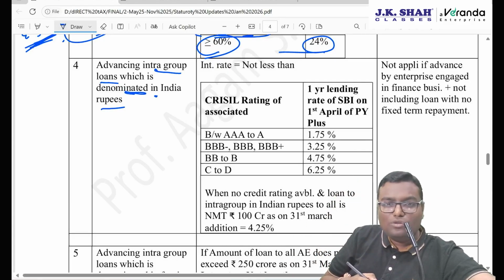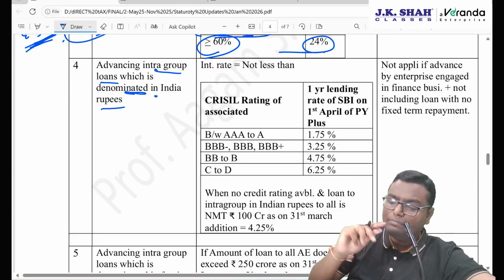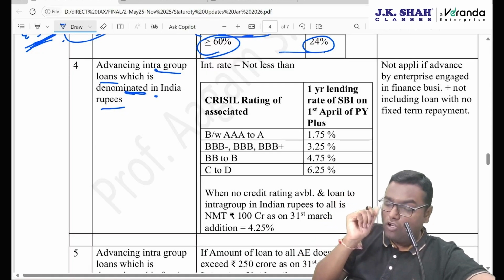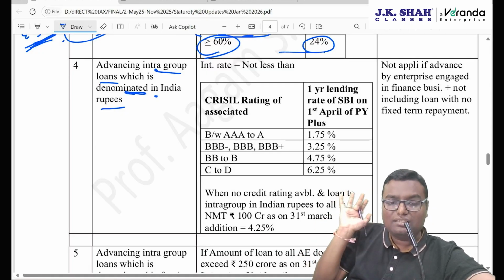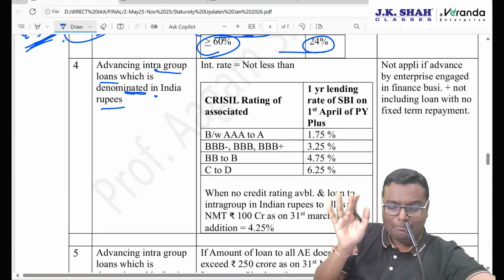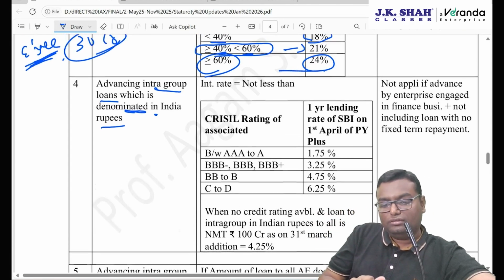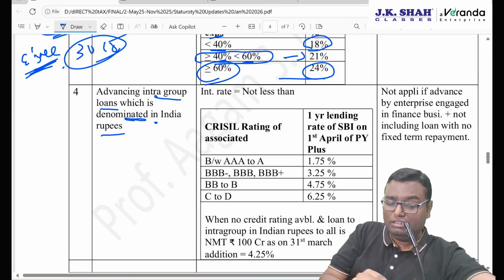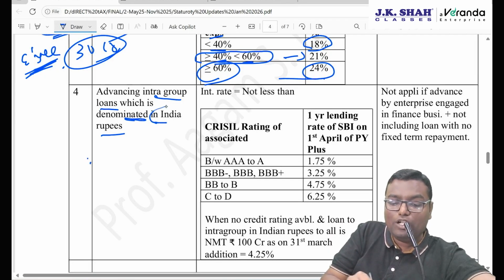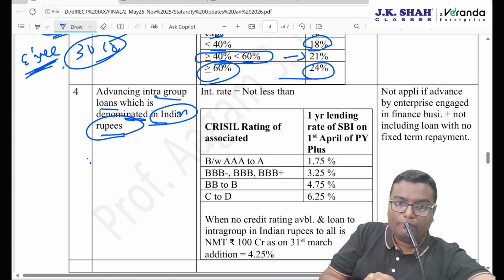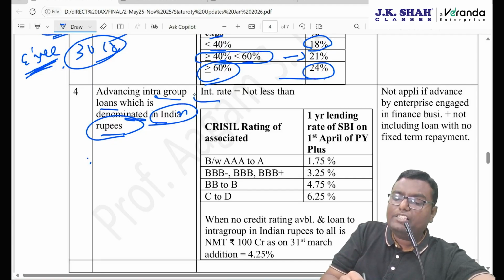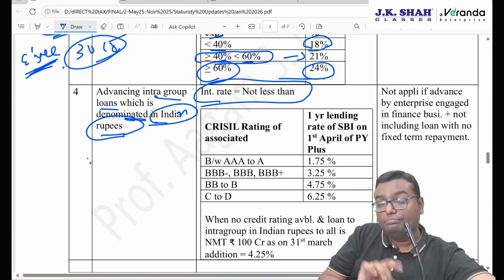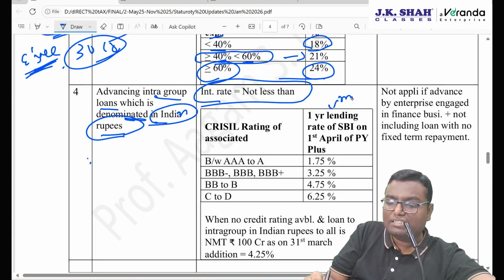If you are charging lower interest, then by adopting arm's length price, the higher one will be added. So how much minimum interest should you charge so that it will be accepted as arm's length price? But this fourth point is applicable when the loan is denominated in what? Indian currency.